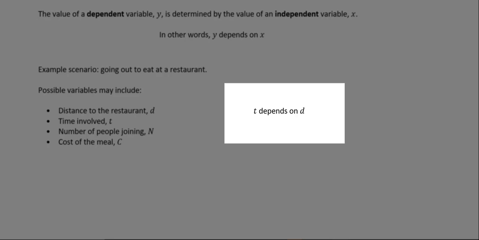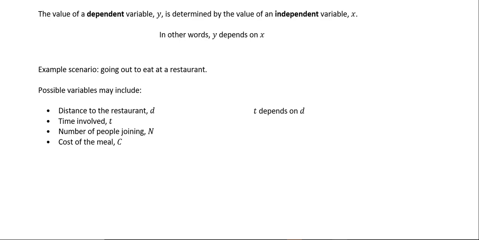And finally, let's take, just for one more example, two variables at the end of the list, number of people joining N and cost of the meal C, and decide which one is the dependent and independent. So I would argue that the cost of a meal is going to depend on the number of people joining.